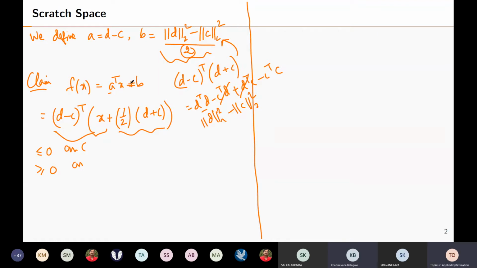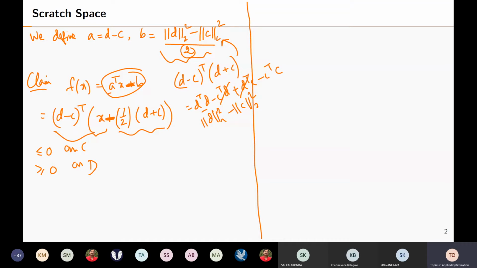Or I could take a minus here, and then have a minus here. Let me keep it like this; I take a minus B here, for a bit of simplicity that we will see now. For a hyperplane it doesn't matter if I take minus B, because B is just like the intercept.